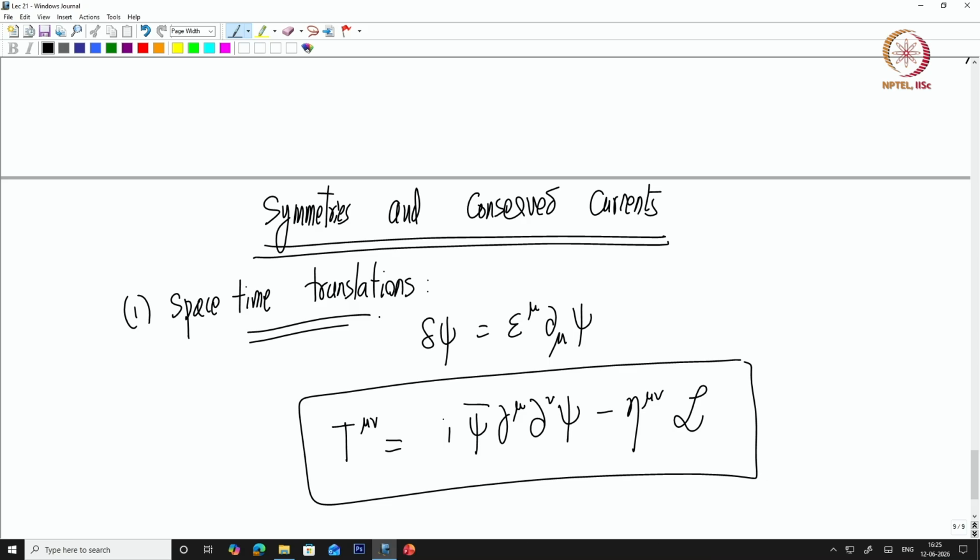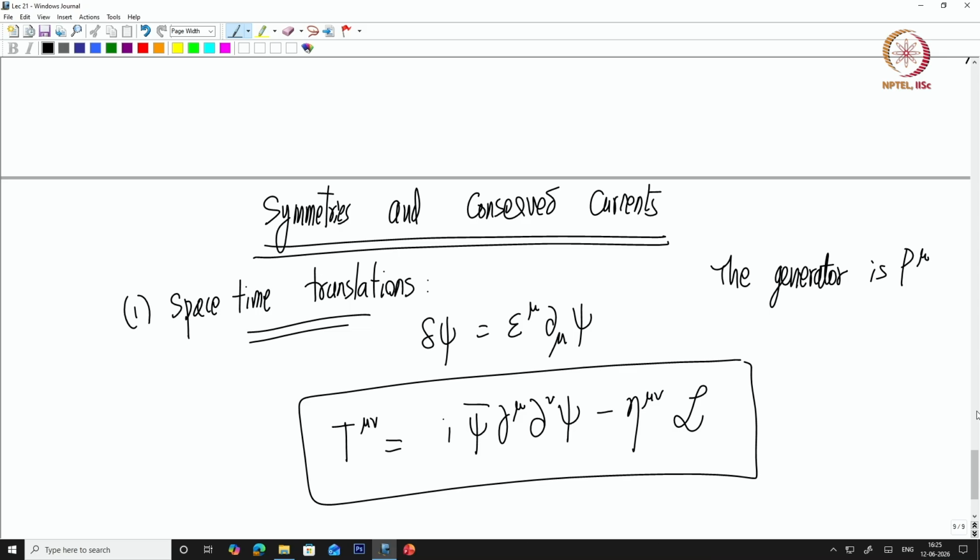The generator under translations is P_mu, the four-momentum, and that is the reason the variation in psi is given by epsilon^mu ∂_mu psi.